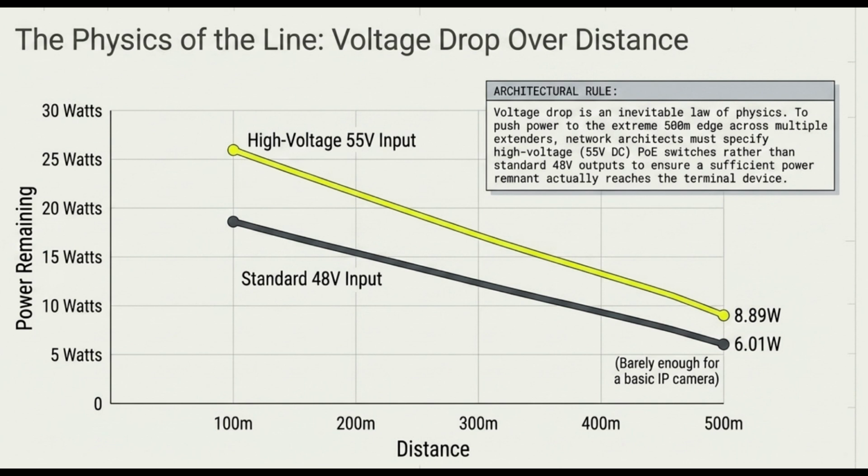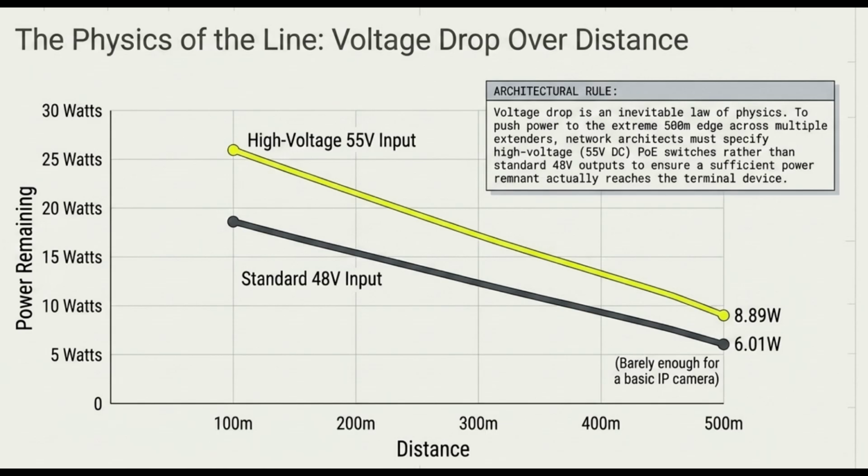And because power equals voltage times current, if the voltage drops, the camera's internal regulator tries to pull more current to compensate. Yes, and that extra current generates more heat, which causes more resistance in the copper. Exactly. And eventually the power delivery falls below the camera's minimum operating threshold, causing a reboot loop.